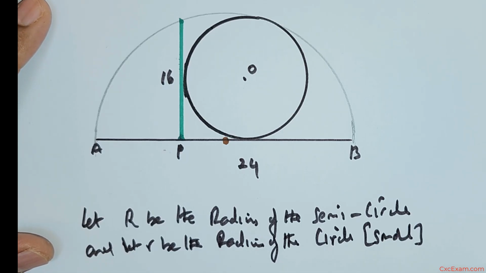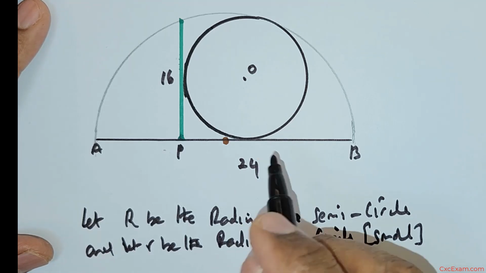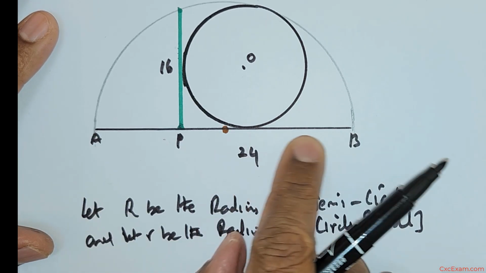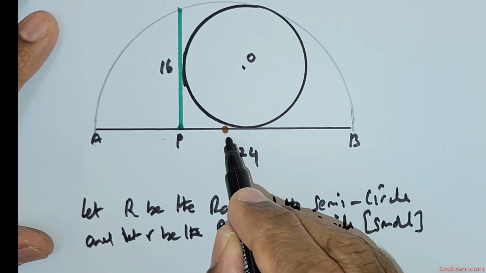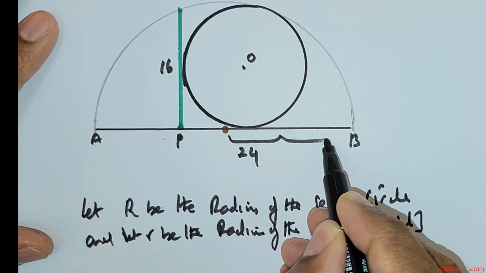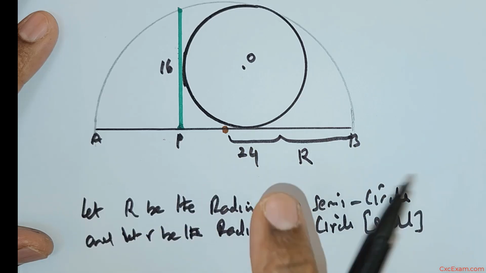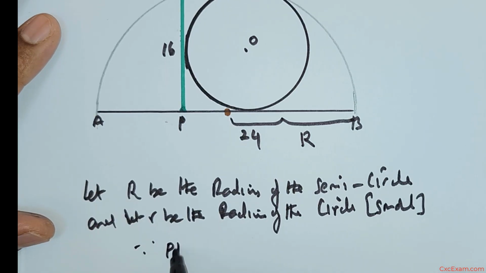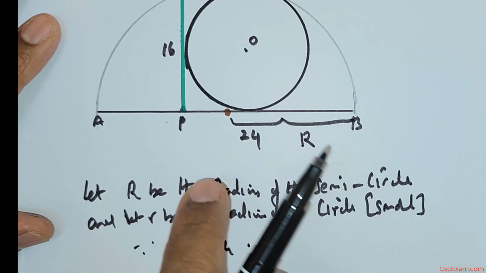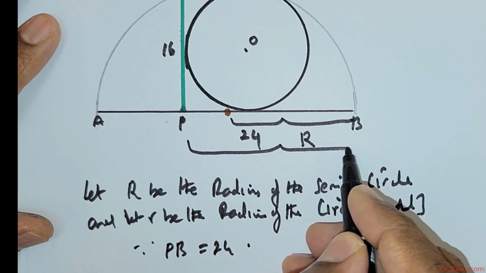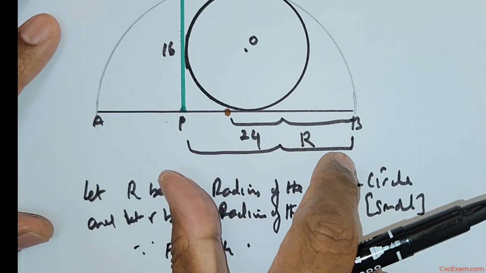Next, what I wish to do is, I have already taken the radius as capital R, so this entire distance is going to be capital R. Okay, now since PB is equal to 24, this entire length is given as 24 units.